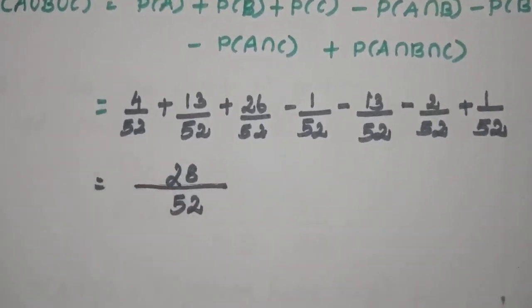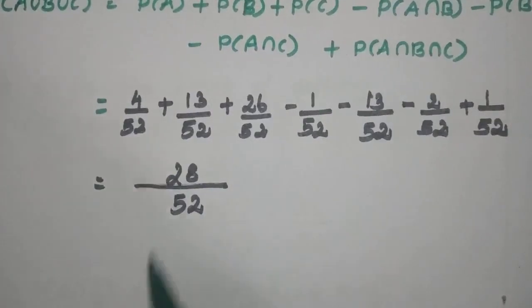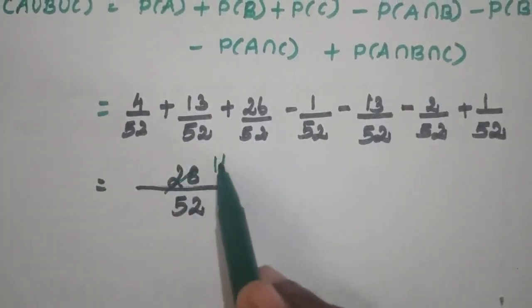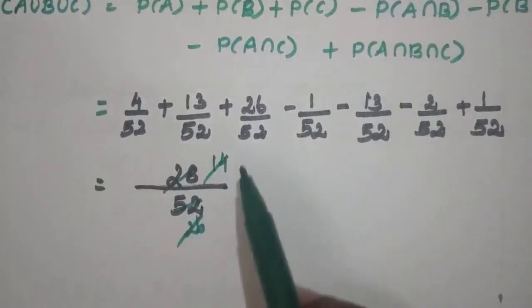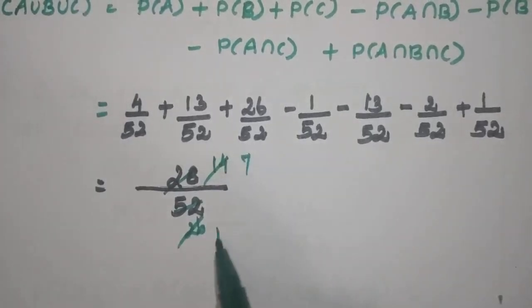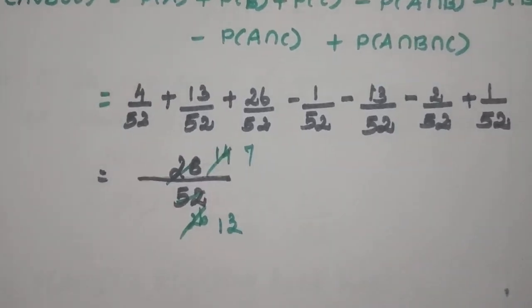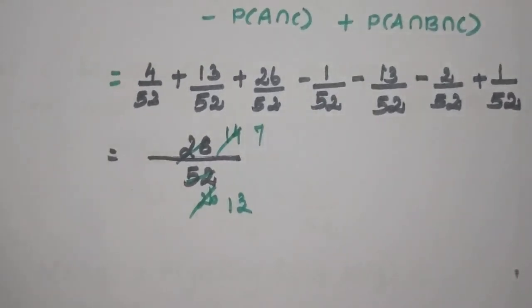So now we can simplify this one by 2 tables. We will get here 14 divided by 26. Again cancel by 2 tables, we will get 7 by 13. So the answer is 7 by 13.